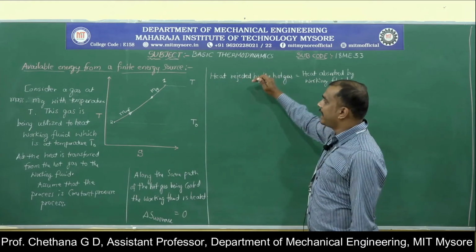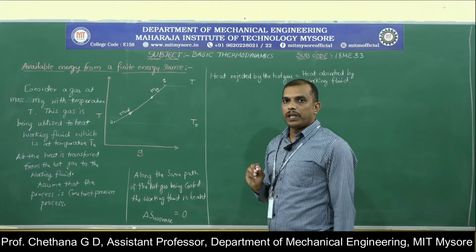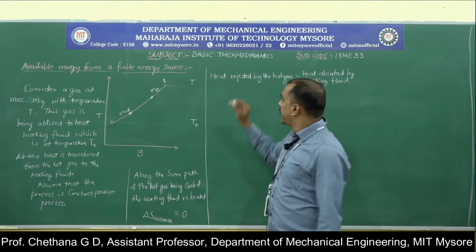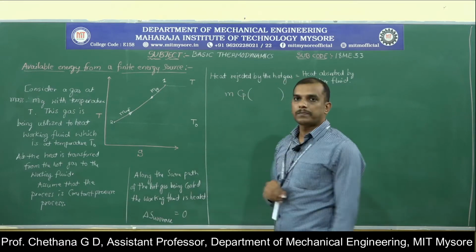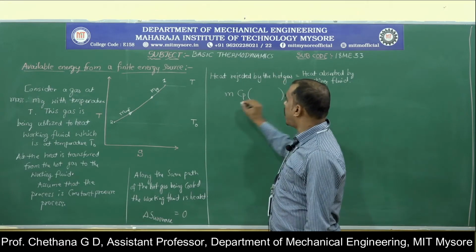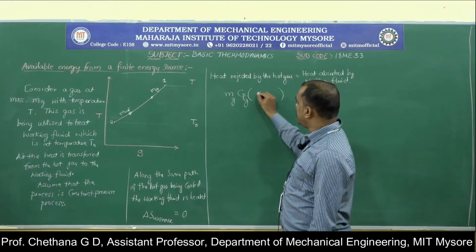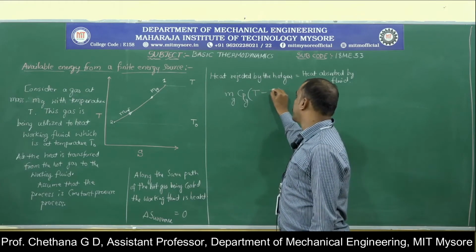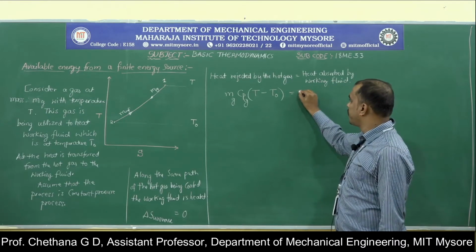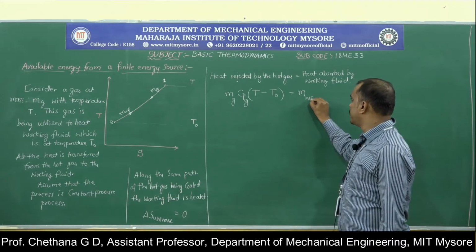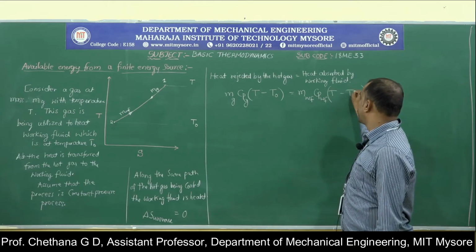Now, heat rejected by the hot gas should be equal to heat absorbed by the working fluid. We know that for a constant pressure process, heat transfer is given by m Cp dT. Here, for the hot gas, it is mass of gas, Cp of gas, and temperature T minus T naught. Similarly, heat absorbed by the working fluid will be mass of working fluid, Cp of working fluid, multiplied by T minus T naught.